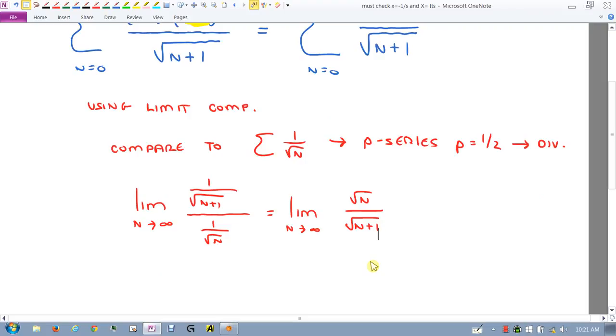You do one root, put them all together under one root. Then what's the inside? N over n plus 1, infinity over infinity. L'Hopital once, that's 1. Square root of 1 is 1. So this should turn out to be 1. What's the conclusion? This number 1 is a positive constant. Then whatever the series you compared it to does, ours will do, right?